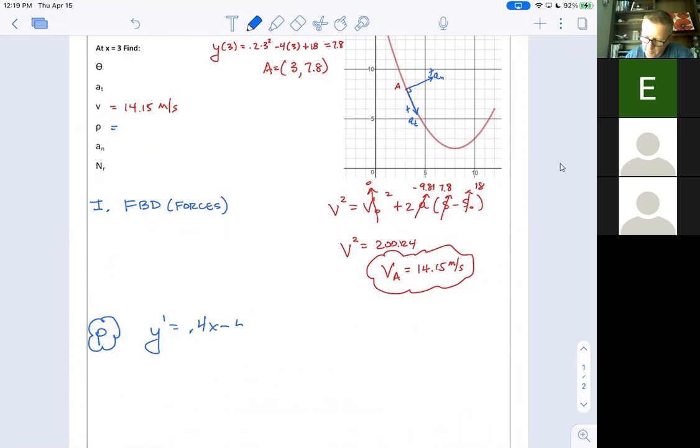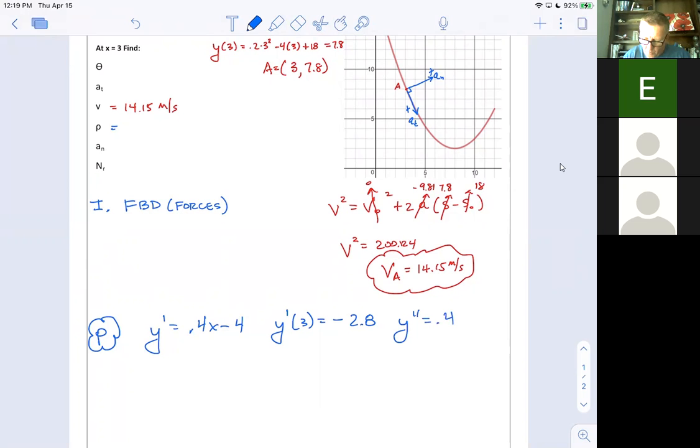And so y prime evaluated at 3, since x is 3 where I am, is 1.2 minus 4, that'd be negative 2.8. You should not be surprised that it's negative. Isn't that a negative slope? And also 2.8 is pretty steep. So you should be able to go, oh yeah, that is a big number for a slope and it's negative. That makes sense to me. And then the second derivative of that is just always 0.4. So now I have everything I need.